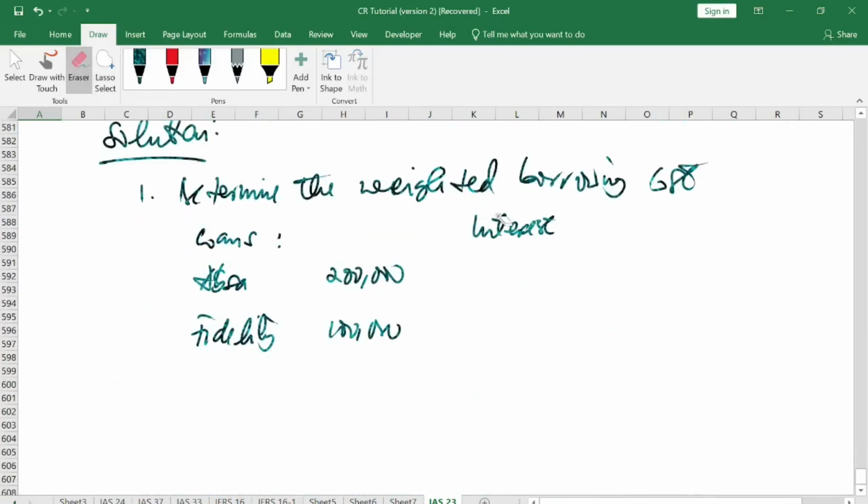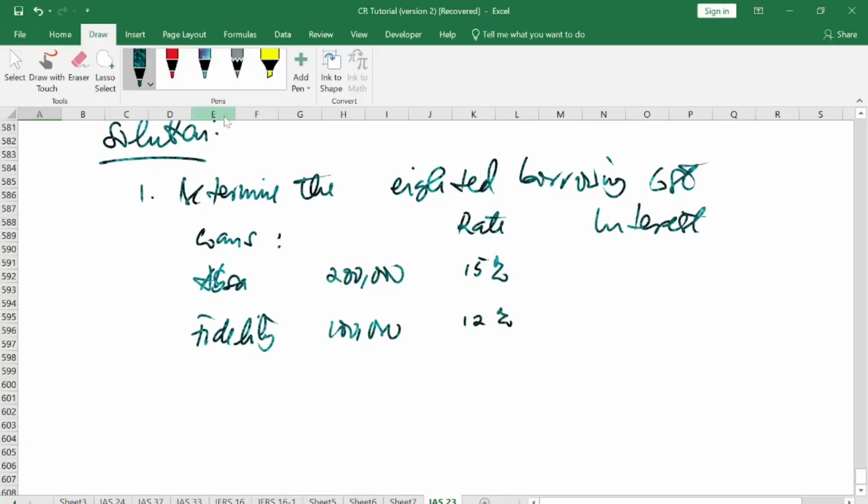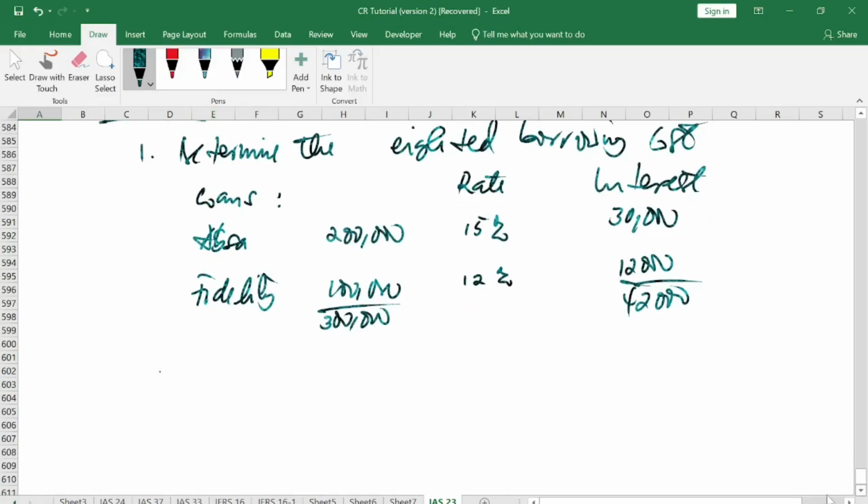So 200,000 times 15% gives you 30,000, and 100,000 times 12% gives 12,000. Adding them gives you 42,000. The total loan is 300,000. When you are done, then you weight it, so you have 42,000 over 300,000.